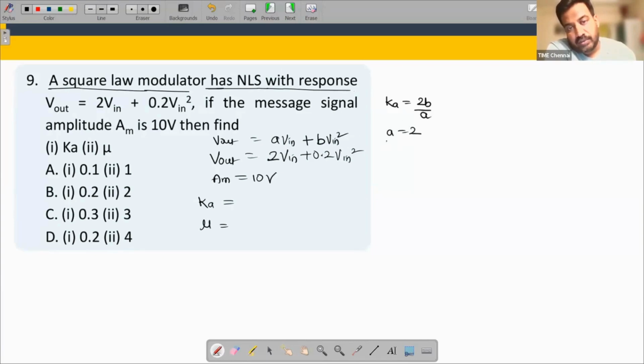From this, A is 2, B is 0.2. Ka is 2B by A, 2 into 0.2 by 2.